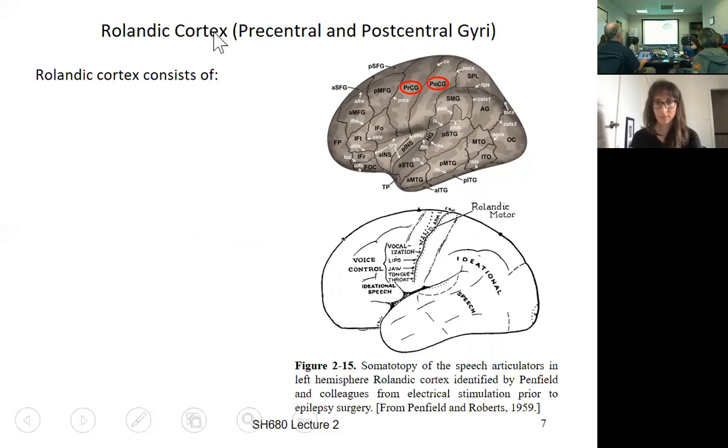And why is it called Rolandic cortex? Roland is correct. There might be an even more precise answer. What's this sulcus called? Yeah, the central sulcus is also called the Rolandic sulcus. But all of them are, of course, named after Roland.